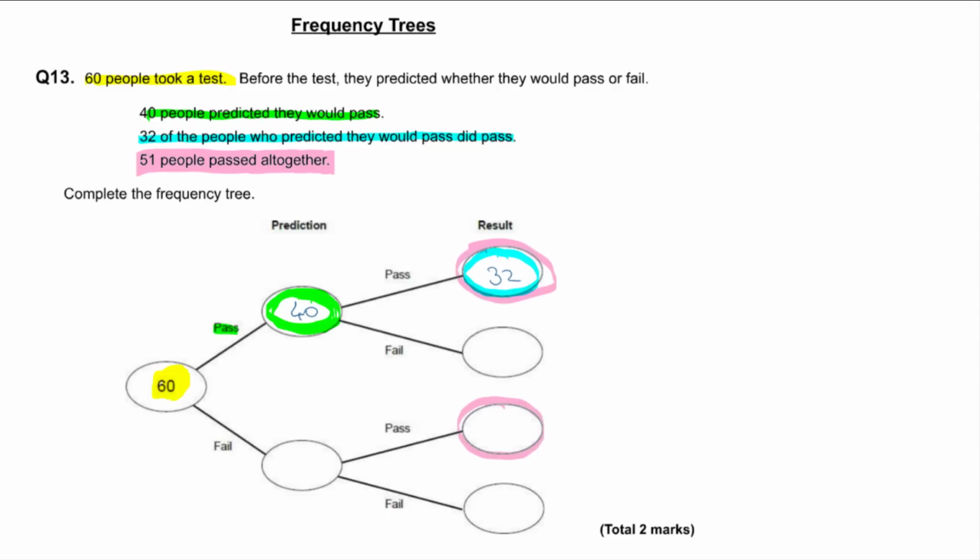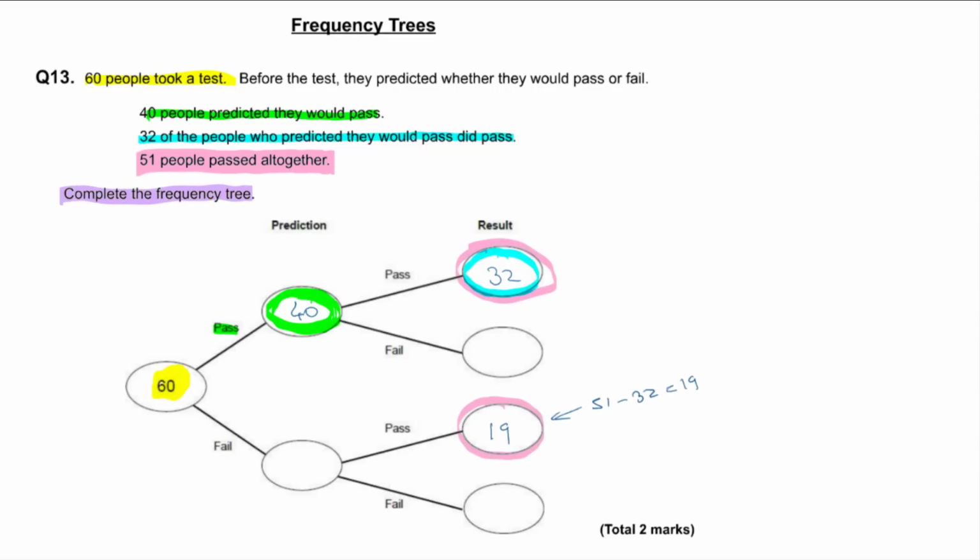So if there are 32 up there and together they equal 51, then this one is going to be 51 minus 32. What's 51 take away 32? That's 19, isn't it? So that one's 19. So there is 19 people in here. Okay, now that's all the information I've got. Now it says go on to complete the tree, but I've got enough information now to finish it off.